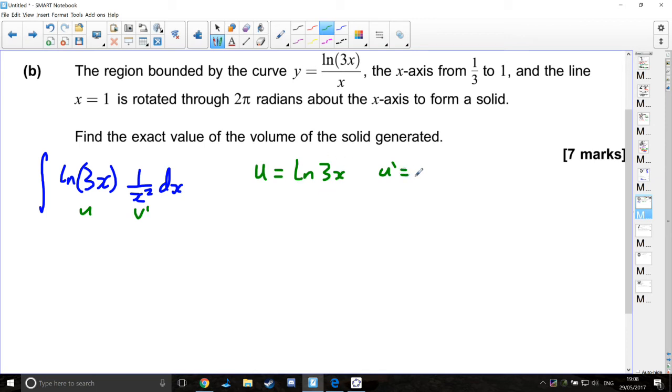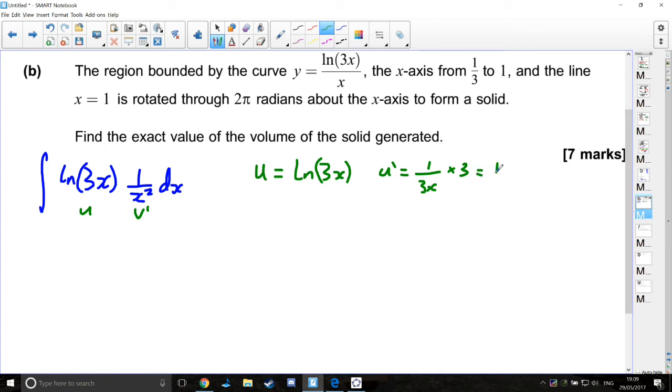Now, just to kind of recap, I've used this in a previous video, but we get the outside differentiated. So when you differentiate a ln, you get 1 over whatever's in the brackets. So 1 over 3x. And you multiply by the inside part differentiated. So 3.